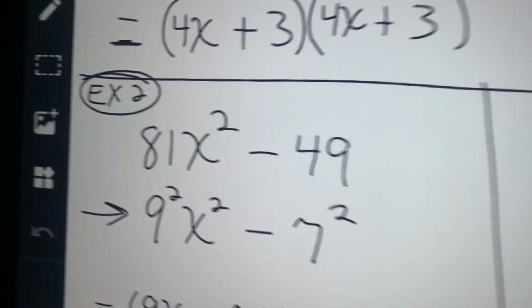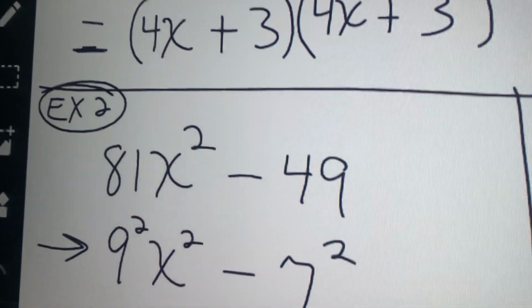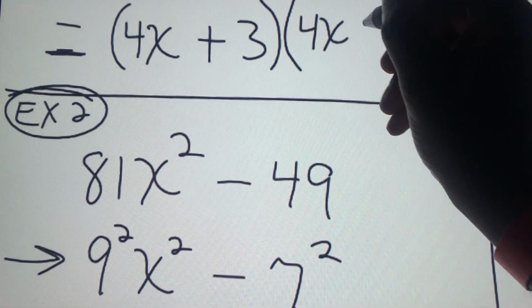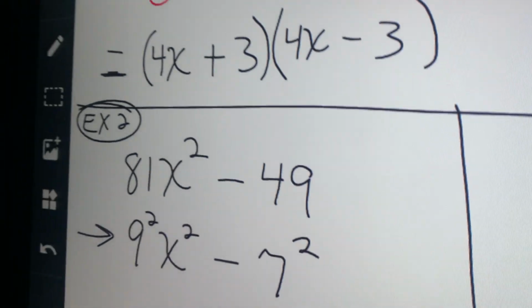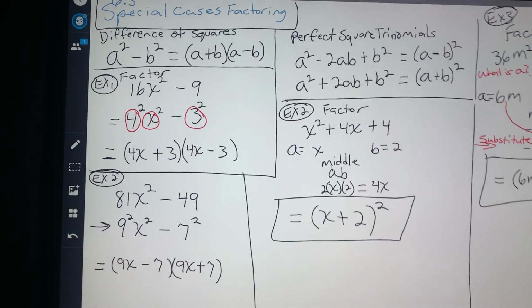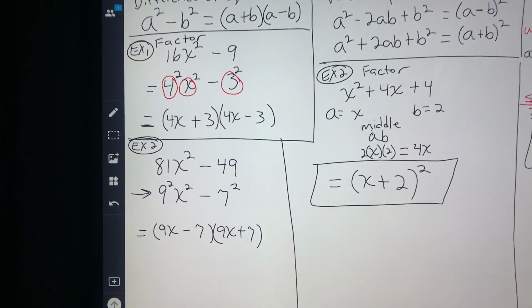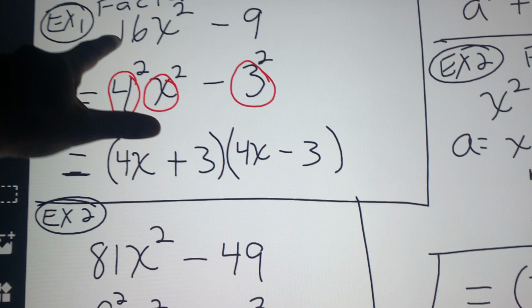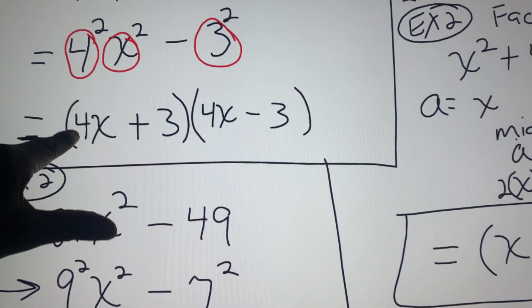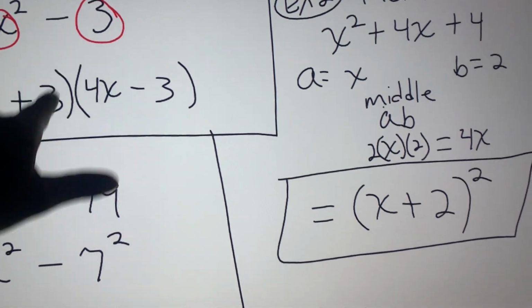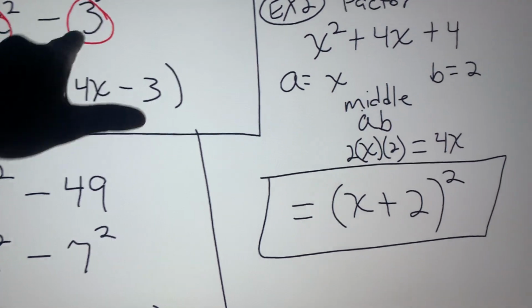Actually, this should be a minus sign here. So that should be minus. All right. So because of the rule, 4 squared is 16, so A is 4. 3 squared is 9, so B is 3.